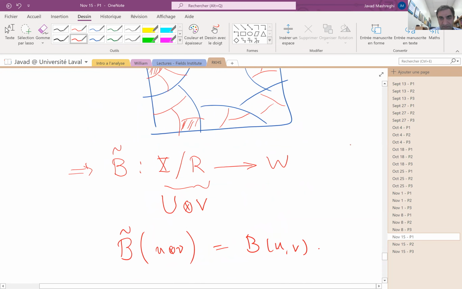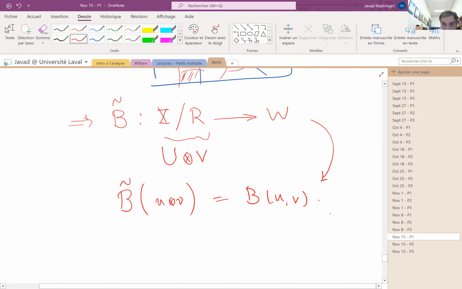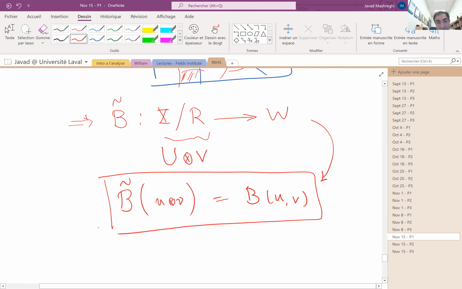Either we call it B tilde, the same is here, it is the value of L at this point or B of U and V. So that is why we see at the end B tilde of U tensor V equal to B of U V is well defined. It was not clear at all at the very beginning. And knowing this, the proof is over.